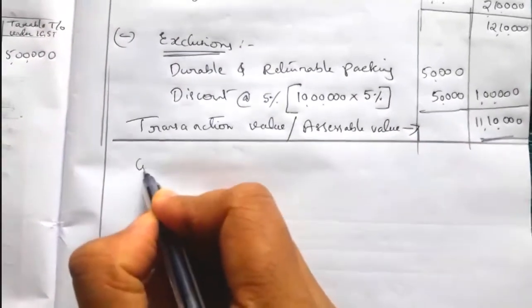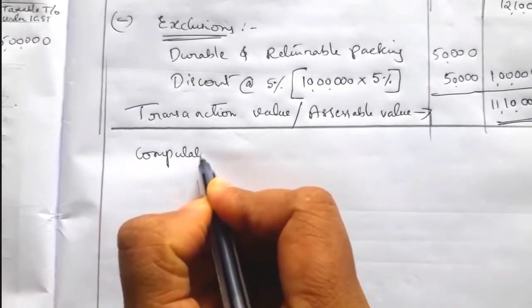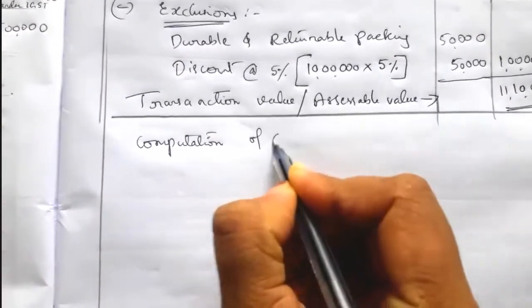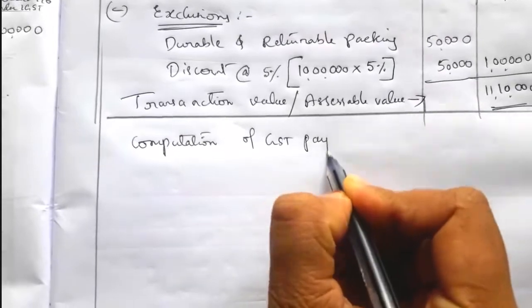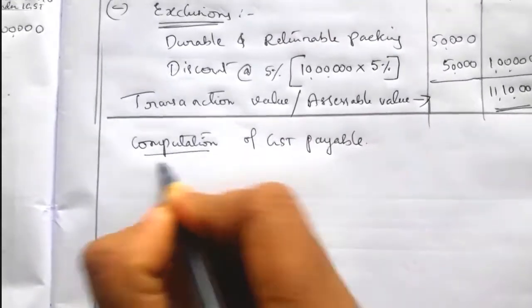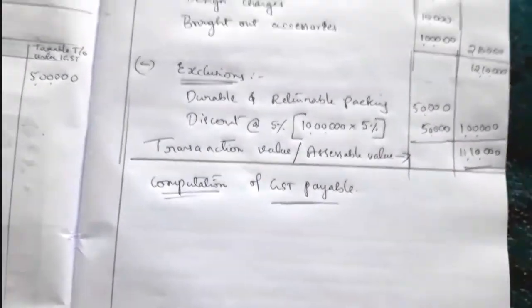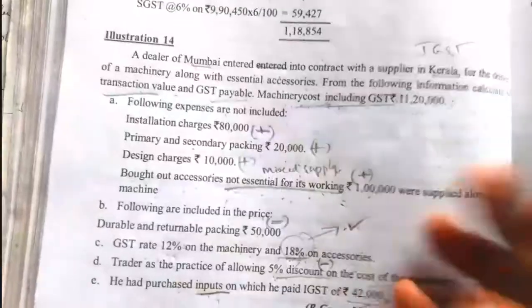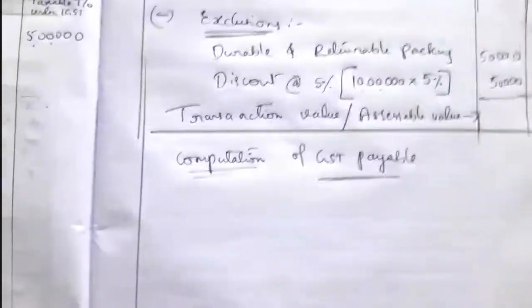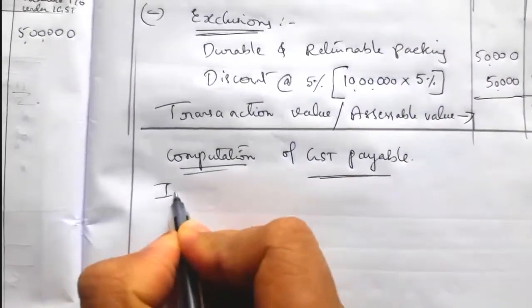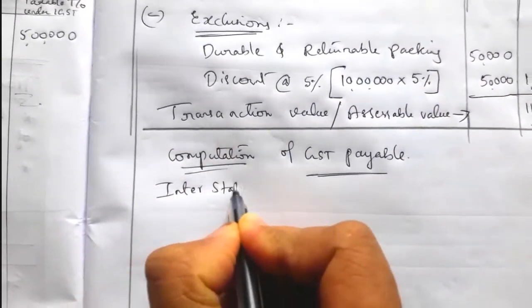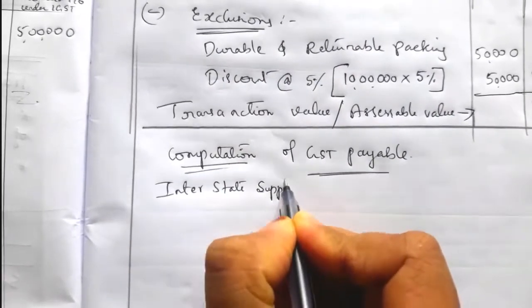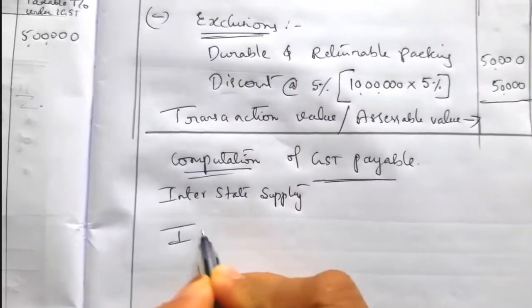Now write computation of GST payable. Here in this question they have given dealer from Mumbai and Kerala, so it is an interstate supply. In the case of interstate supply, the tax applicable is IGST.